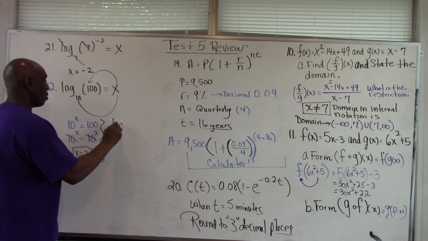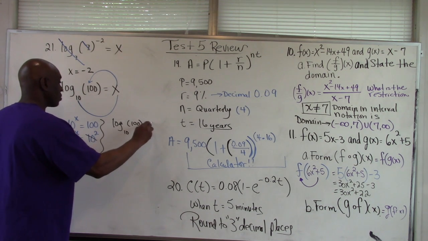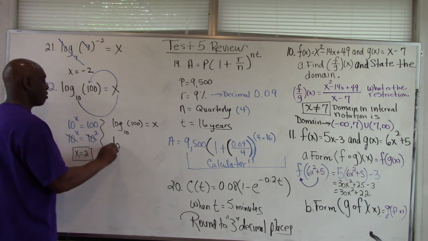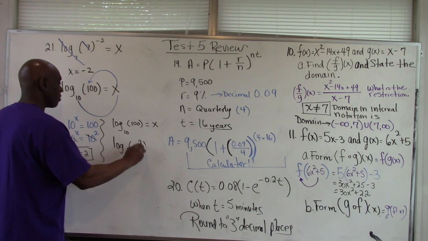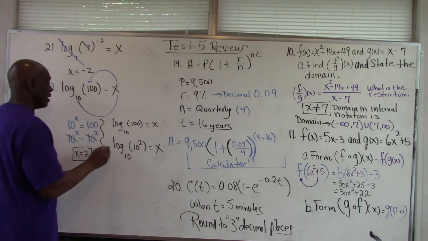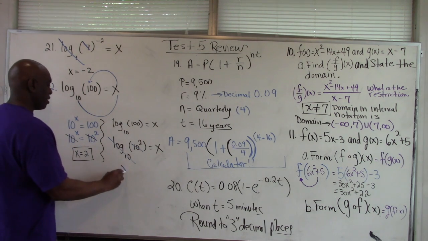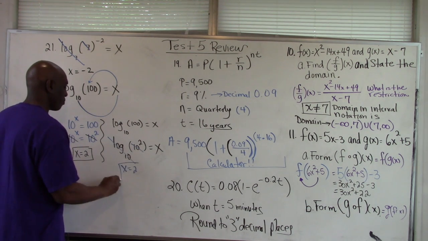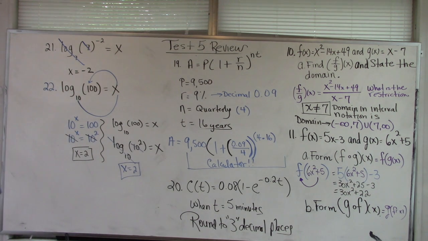You could have said log to the base 10 of 100 equals x. Log to the base 10 of 10 squared equals x. And log base 10 cancels out the 10. And you get x equals 2 also. Either way works.